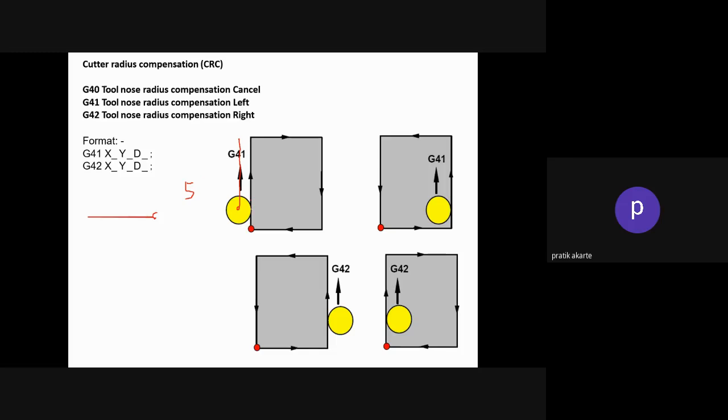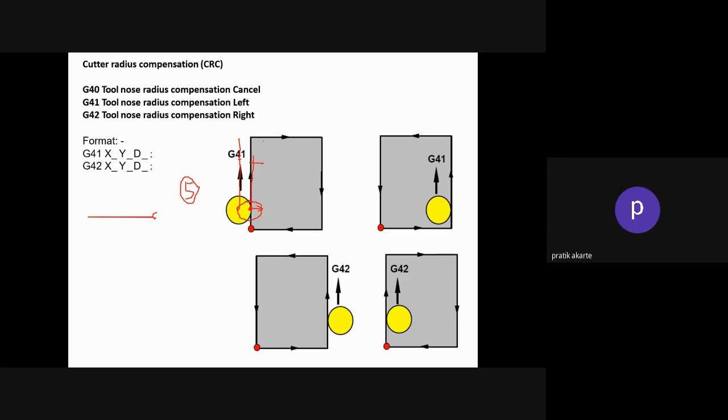The center of this cutter will now be shifted to this position, and your cutter will be positioned something like this. It is expected to follow this path, but it is following this path now. Because of that, this job is 5 millimeters overcut because the radius of the cutter is 5 millimeter.